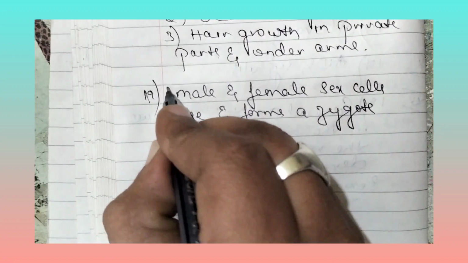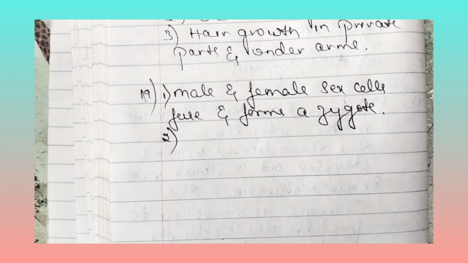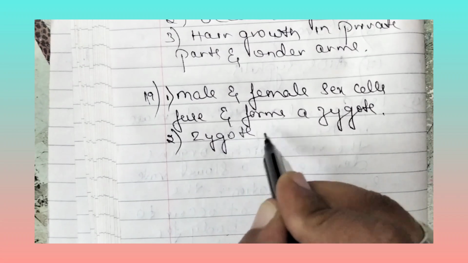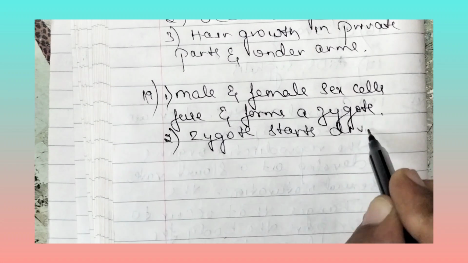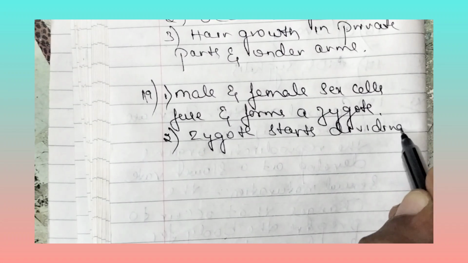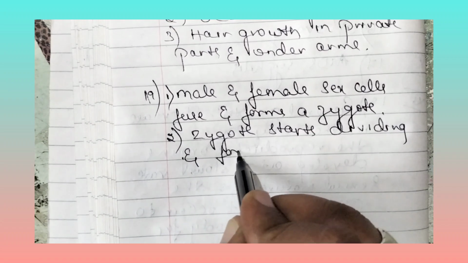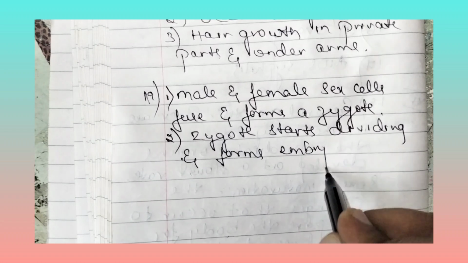This is the first point. Then coming to the second point, zygote starts dividing and forms embryo.